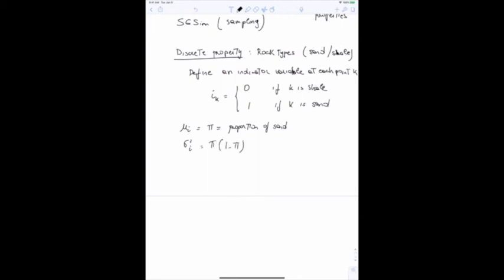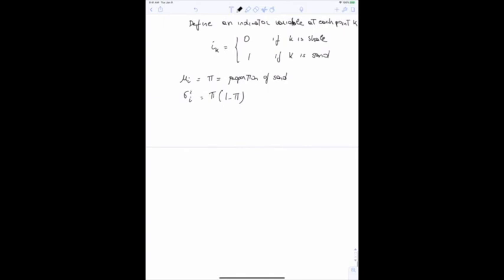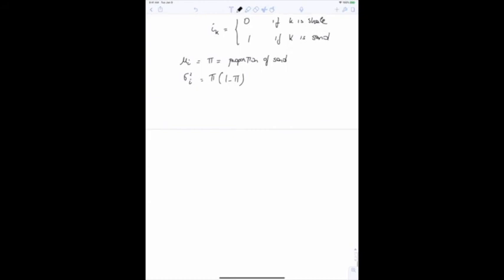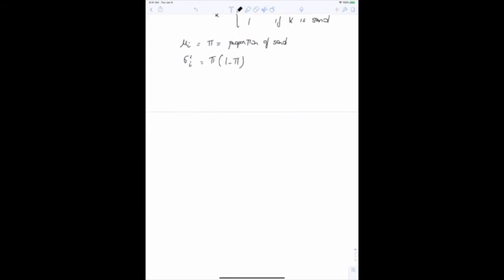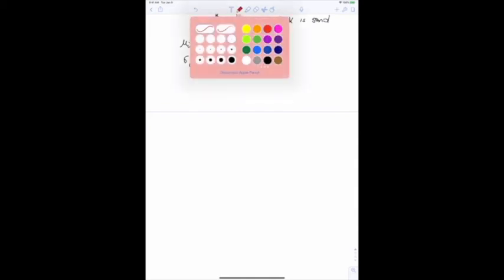You should remember this from the Bernoulli distribution. So by transforming the discrete property into the indicator variable and using the proportions, we can define the indicator kriging.